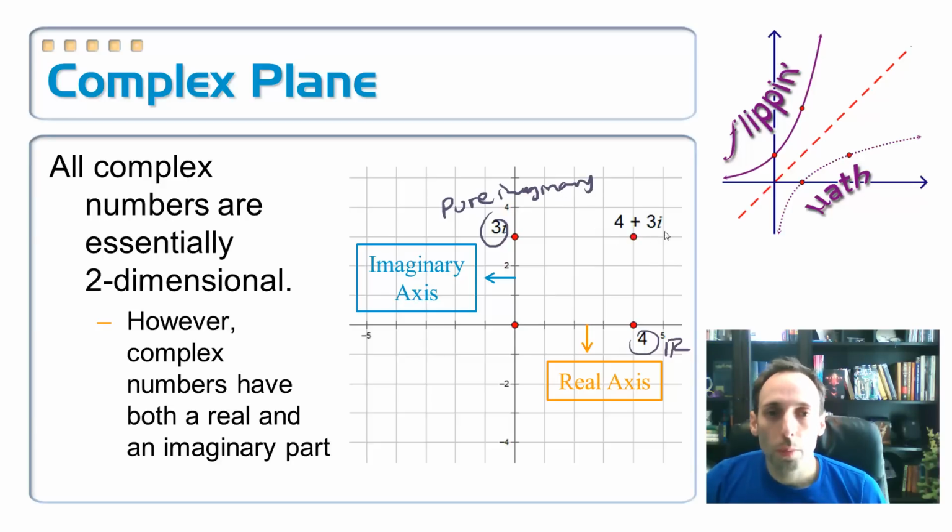And then 4 plus 3i. So I go over 4 on the real axis, up 3 on the imaginary axis. It's just like graphing a point, an ordered pair. And this one is just an imaginary number with both a real part and an imaginary part.